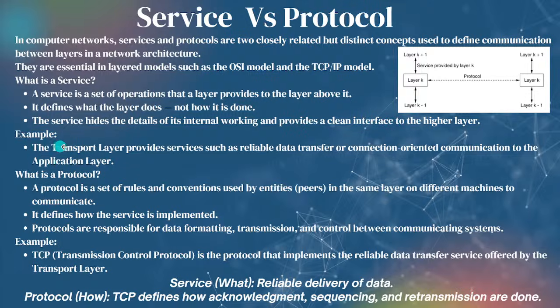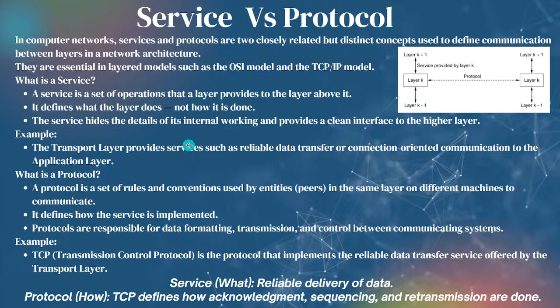The example is that the transport layer provides services such as reliable data transfer or connection oriented service to the application layer. This is about what the layer does, but not how it is done.